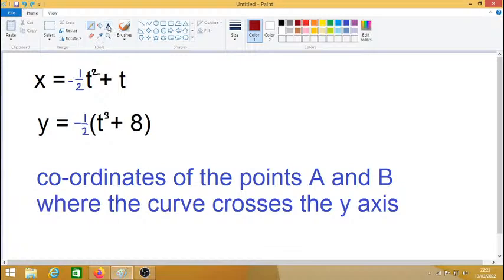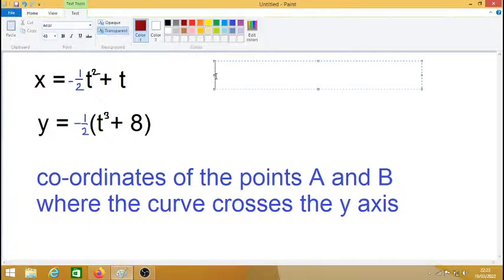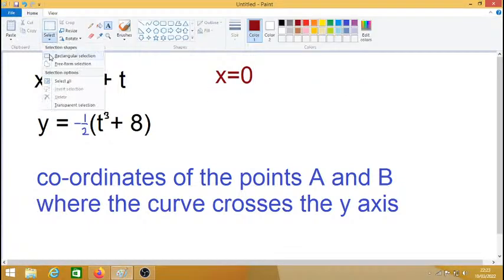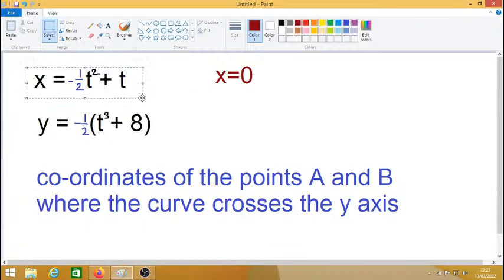We can say that at the points A and B, the x-coordinate is 0. So let's put that into this equation, see if we can use that to help work out something. So let's put 0 in for x. So x can come here and 0 can go in its place.